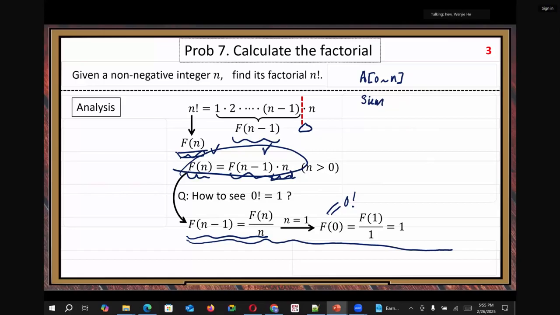When we start, our sum variable equals 0, because we want to accumulate all the values in this array when we run the for loop: for i from 0 through n, sum equals sum plus a of i. Right?